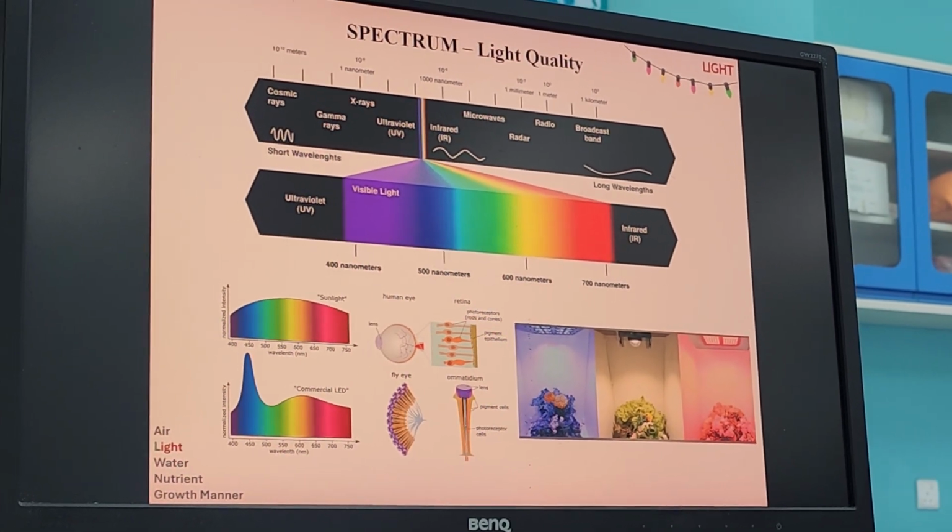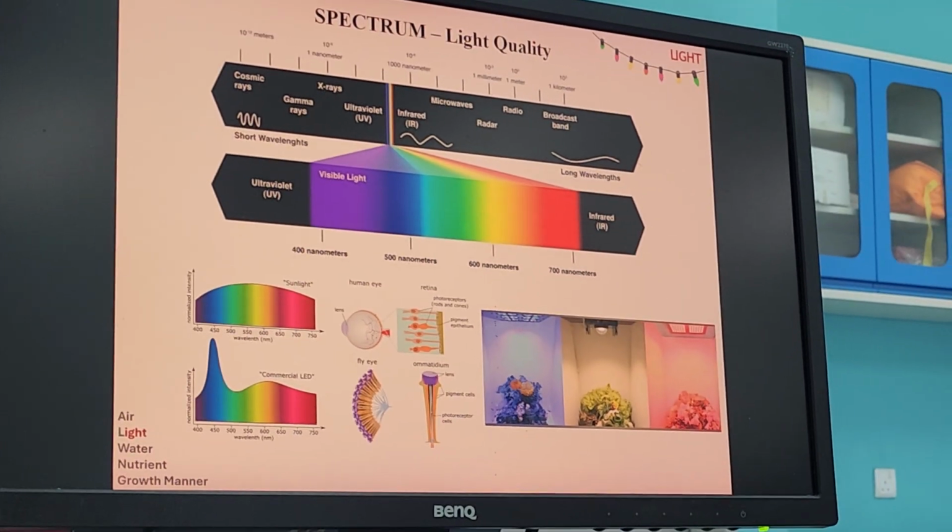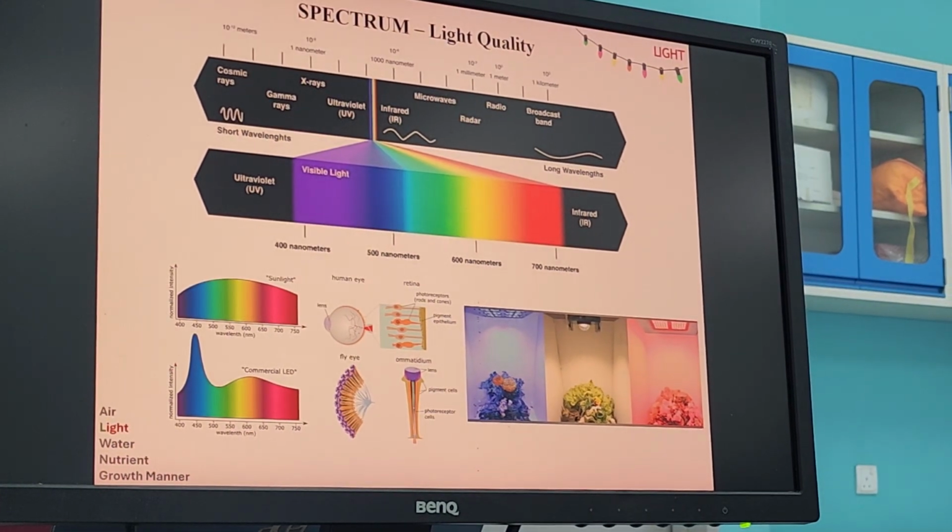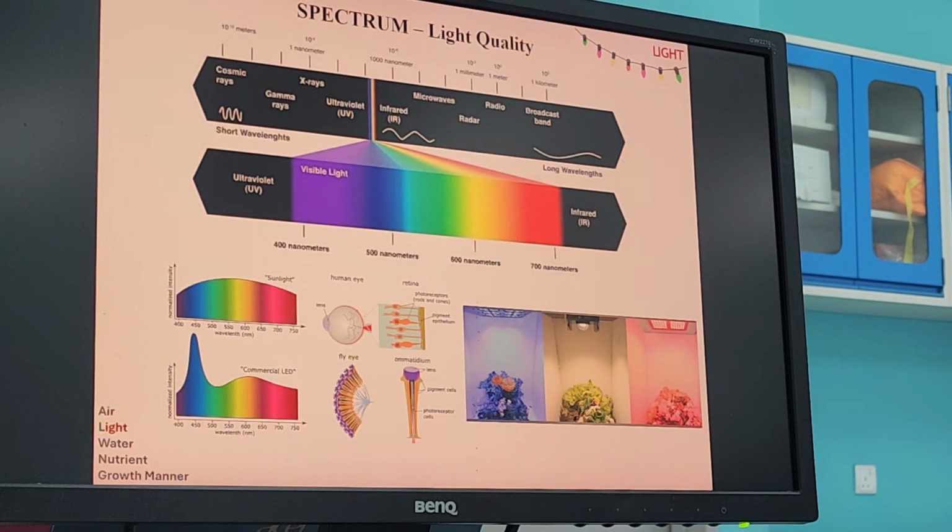These are all red. These are all different shades of red. They're all red.